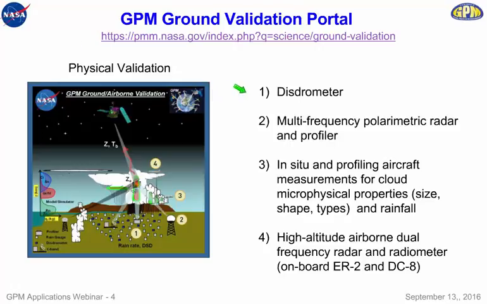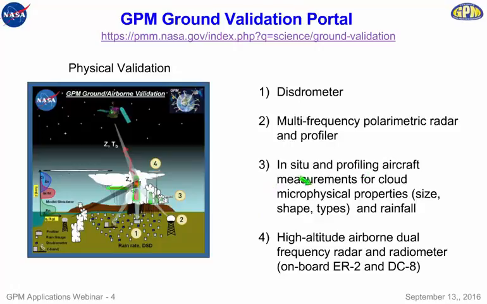So there are 4 ways. There is a physical validation going on with distrometers, which measure raindrop sizes. There is polarimetric radar and profiler, and there are aircraft measurements and in situ measurements.